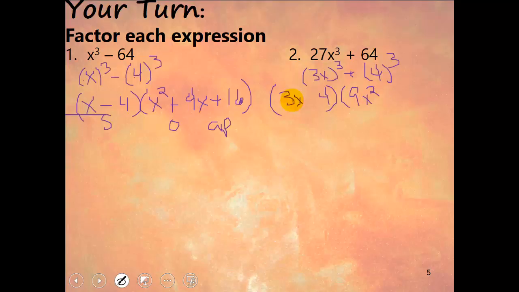I'm going to multiply 3 and 4 together. That gives me 12x. And then I'm going to square 4. That gives me 16. Now I'm going to place my signs. Same, opposite, always positive. Just like that. Good job.